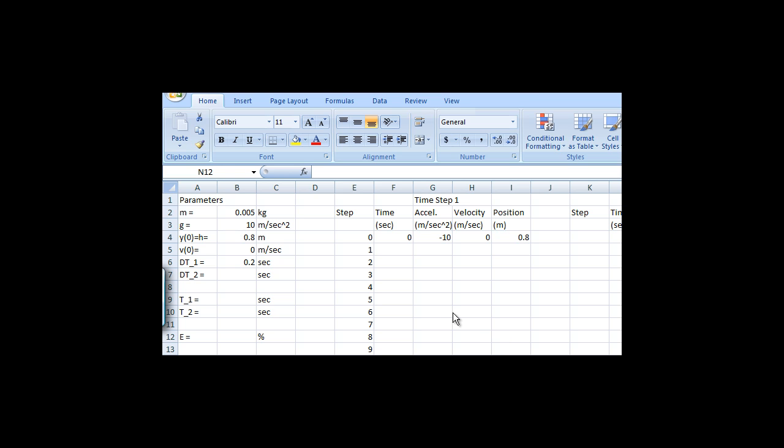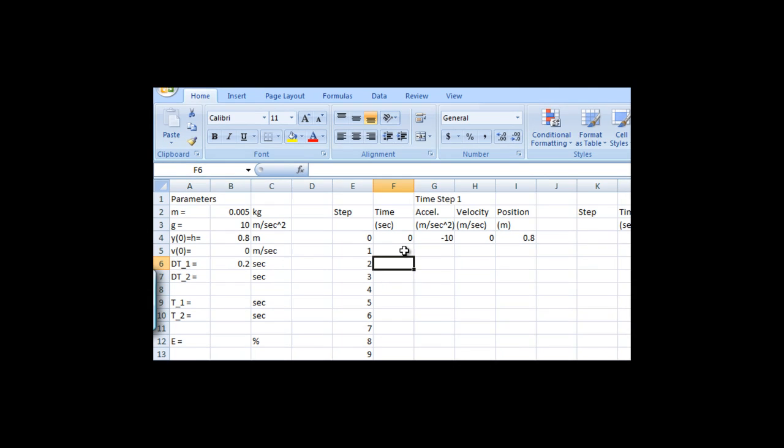Next, we want to fill in our time column, and since we know that our time step is 0.2 seconds, I could type in 0.2, 0.4, and then extrapolate this series. But since I may want to change the size of my time step, I'm not actually going to do it that way.